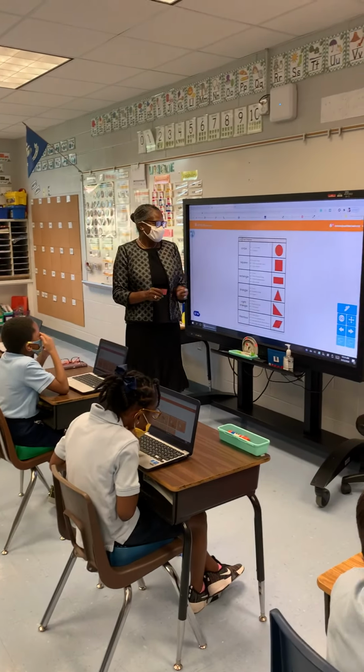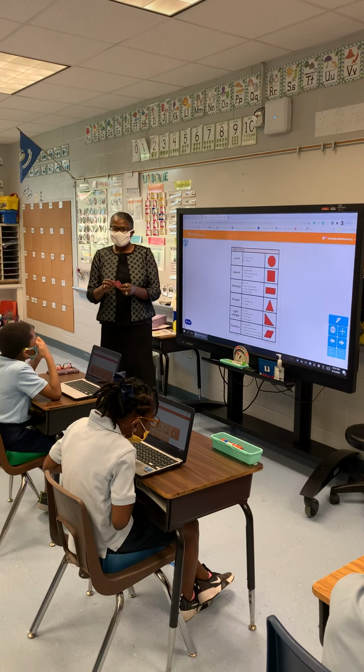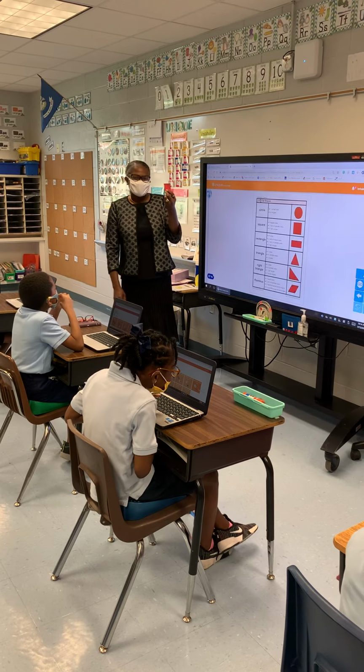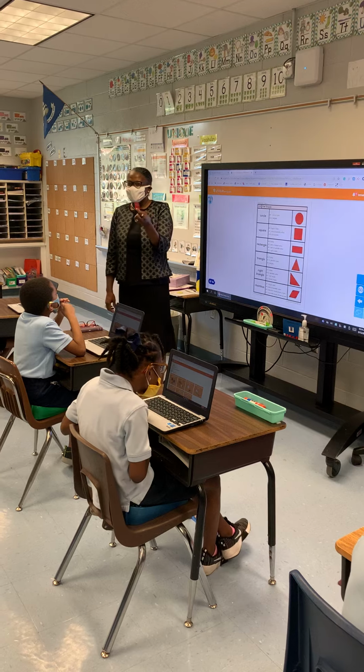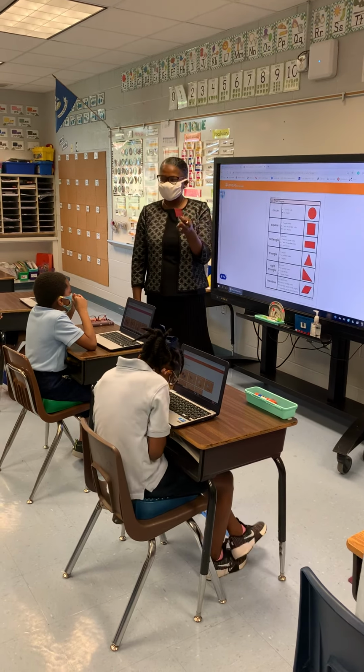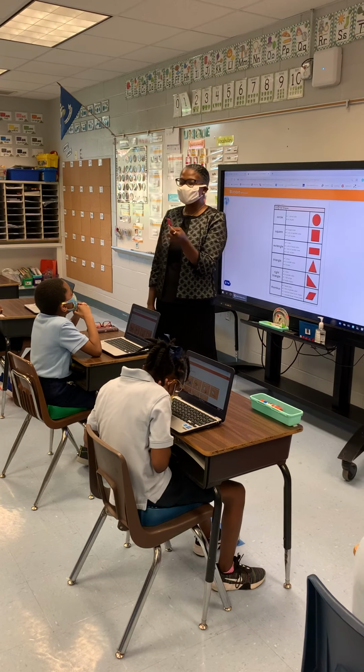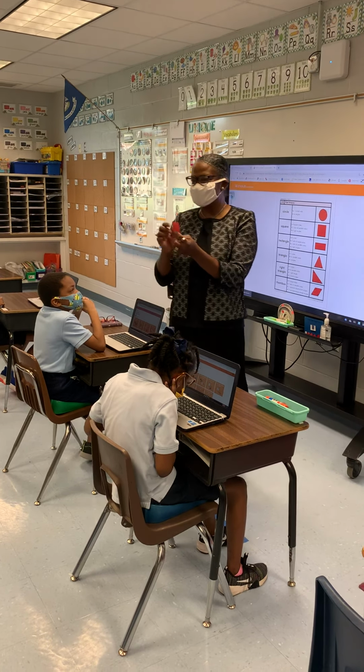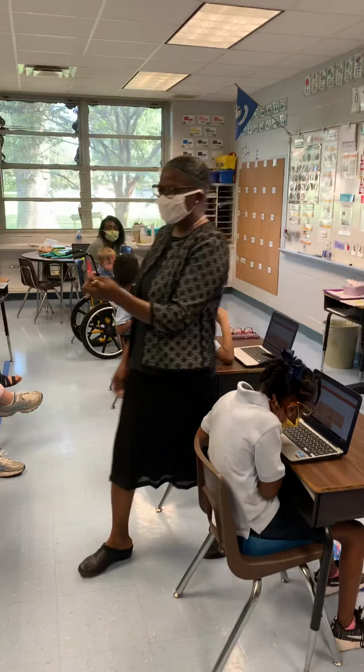Our next one is a square. You all have the square. The square has how many equal sides? Gerodric, how many sides are on a square? Let's count them.